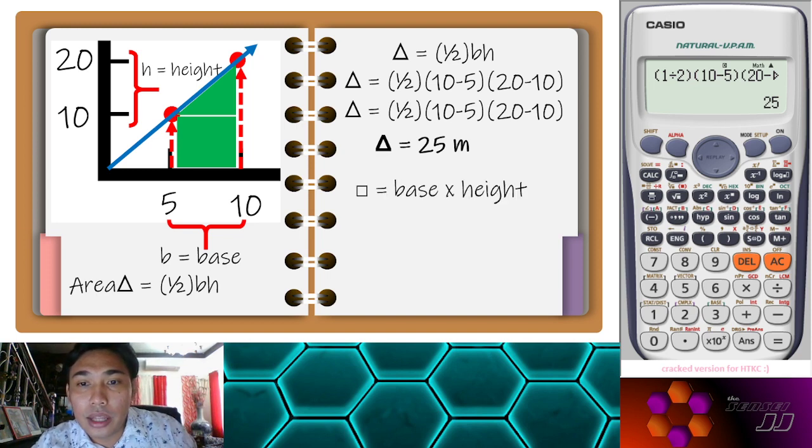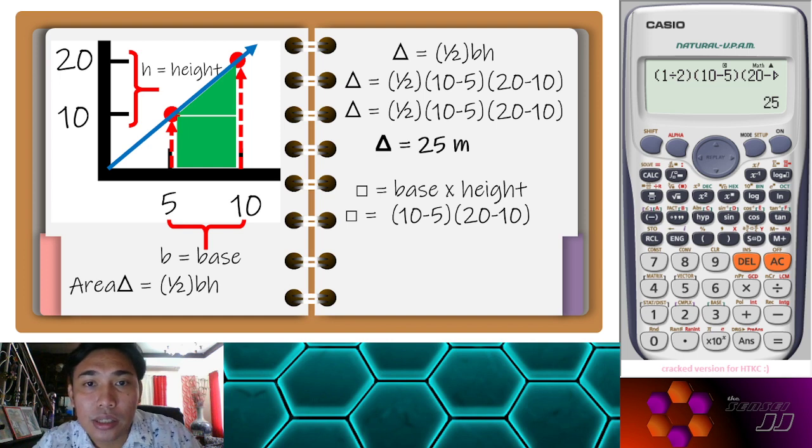So we're going to get the area of the square also, with the base and the height. The base is also our time, and our height is also the velocity. Substituting the values, the base is 10 minus 5, and the height is 20 minus 10. Let's try to solve this again.